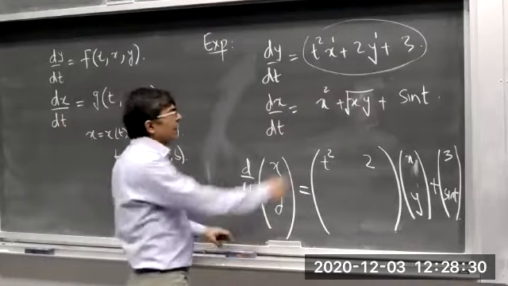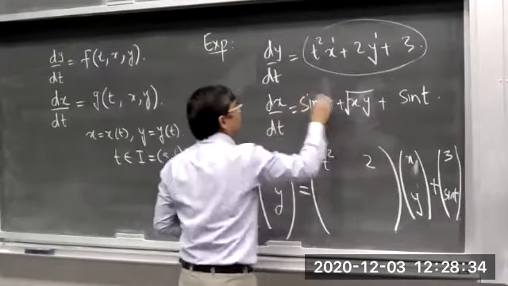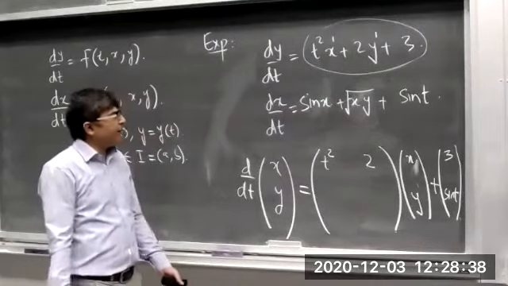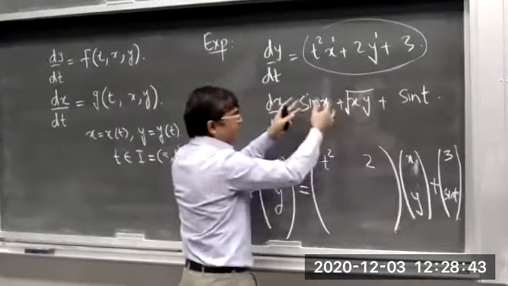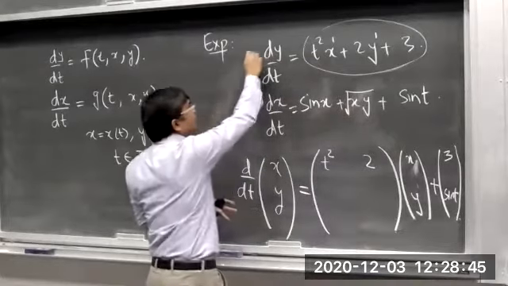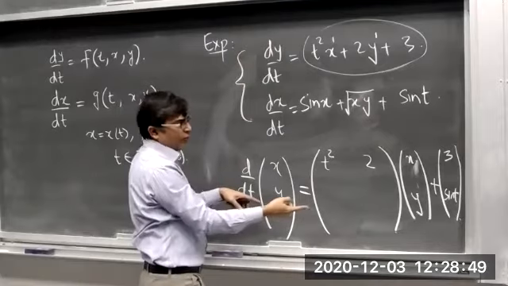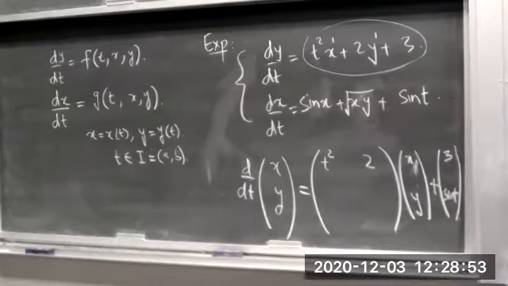Instead of x square, let me write sin x here. It may involve any function of the dependent variable. Then we cannot separate the variables x and y here, so we cannot write this non-linear system into a matrix form. We can write only the linear systems into matrix form.